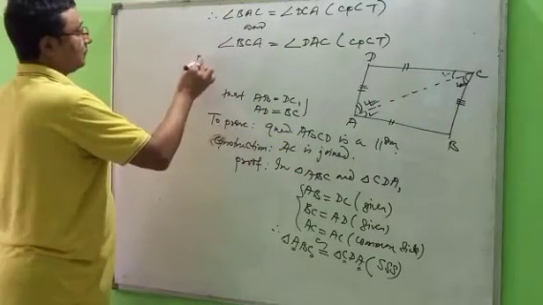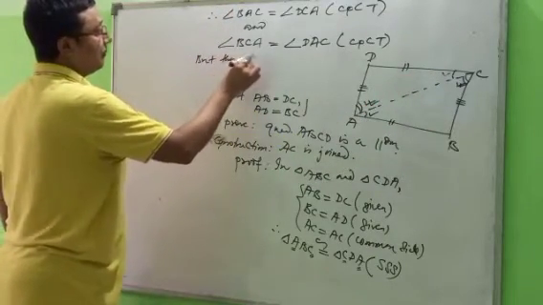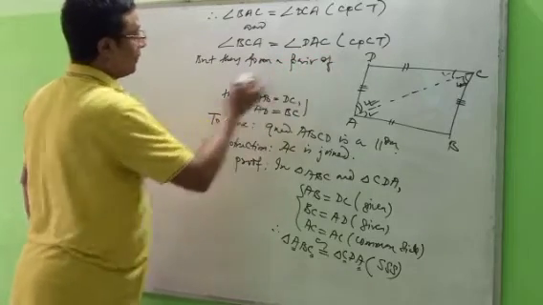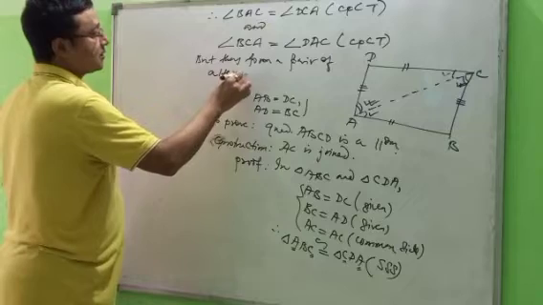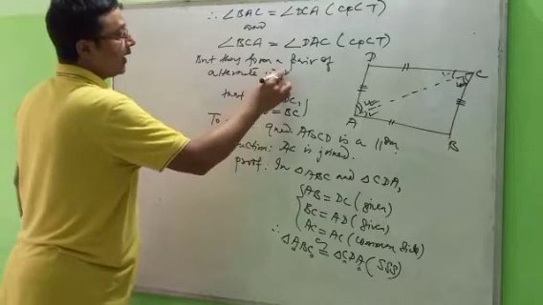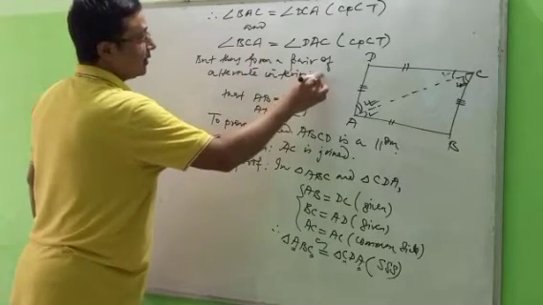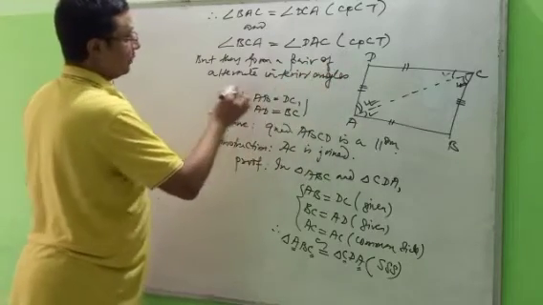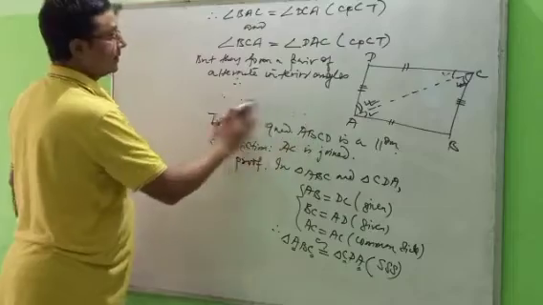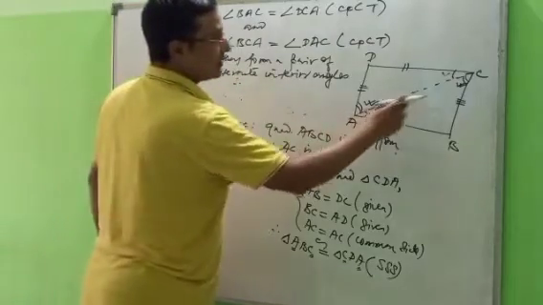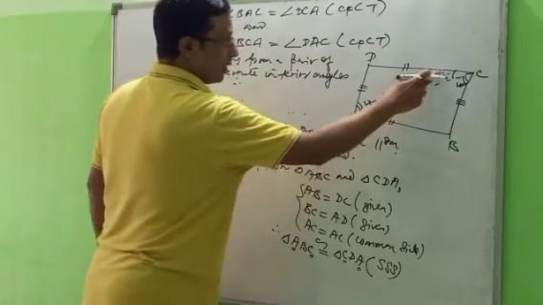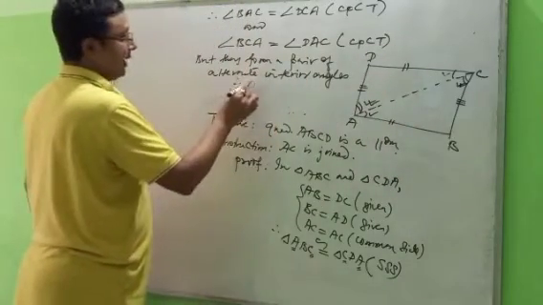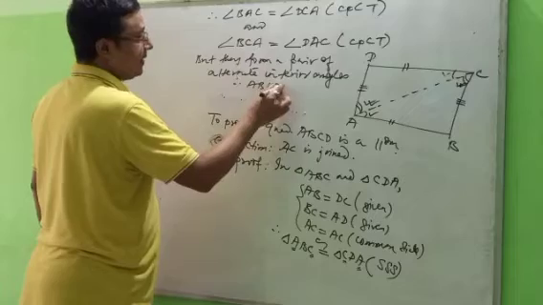They form a pair of alternate interior angles. Therefore, since these two angles are equal and they are alternate, AB is parallel to DC.